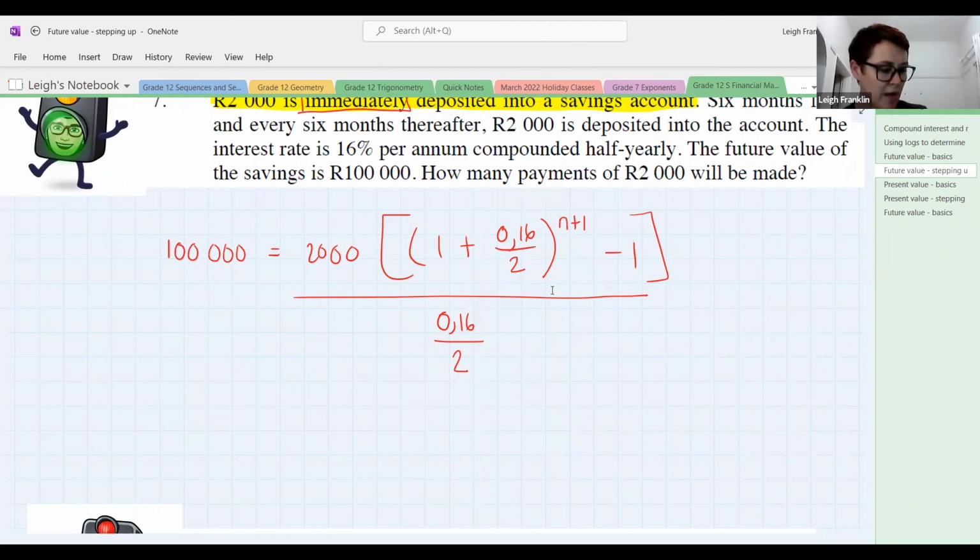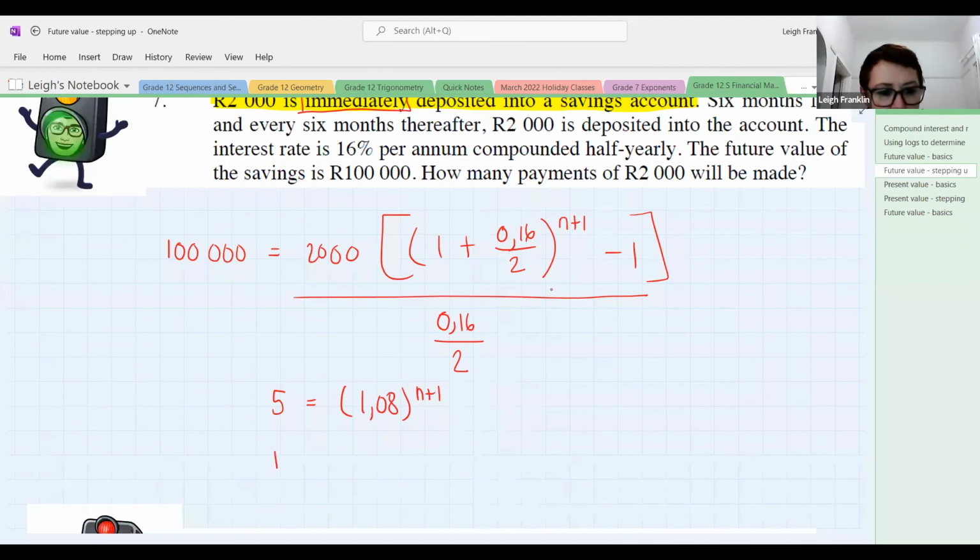So we end up with 100,000 times 6 over 2 divided by 2,000 plus 1. I'm getting 5. Are you guys getting that as well? So 5 is equal to 1.08 to the n plus 1.